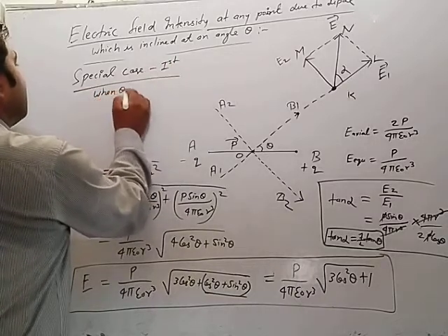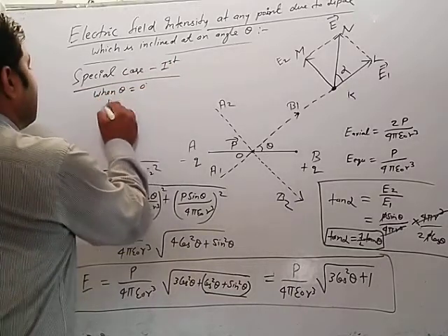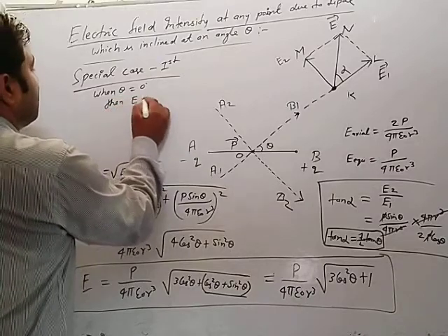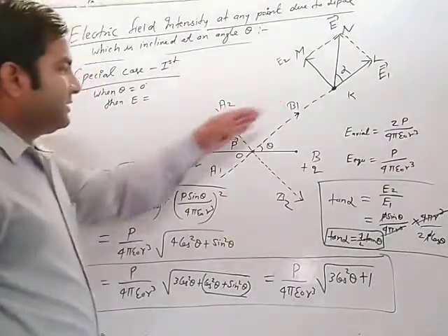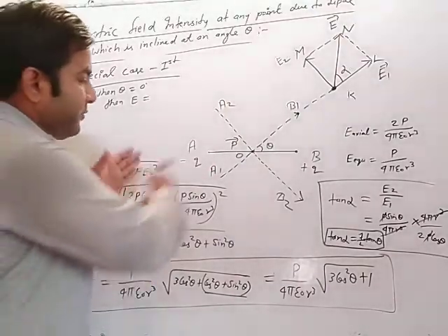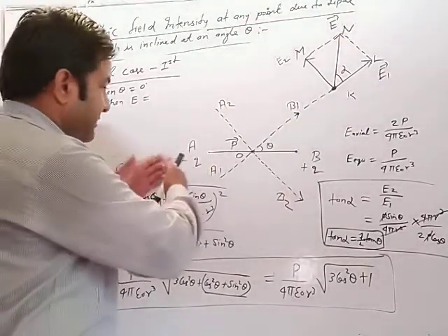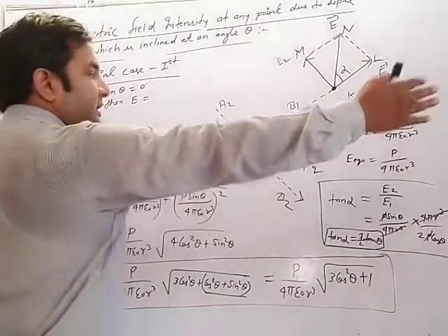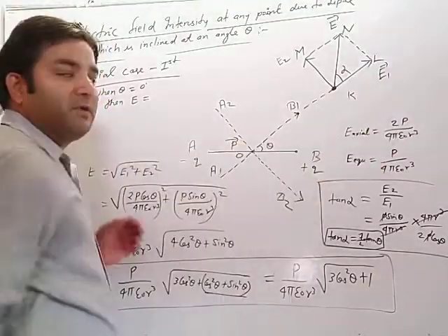When theta is equal to 0 degree, it means the point lies anywhere on the axis of this dipole. Extend A towards left and B towards right, that will be the axis of the dipole.